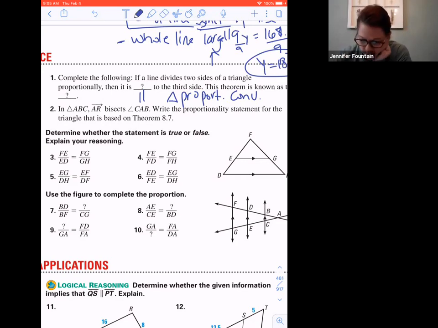All right. In triangle ABC, AR bisects angle CAB. Write the proportionality statement for the triangle that is based on theorem 8.7. So on this, what I'm going to do is I'm going to go ahead and draw my little triangle real quick. So if I say this is A, B, C, and I've got my thing that goes like that. Okay, so AR bisects CAB. So write the proportionality statement for the triangle.